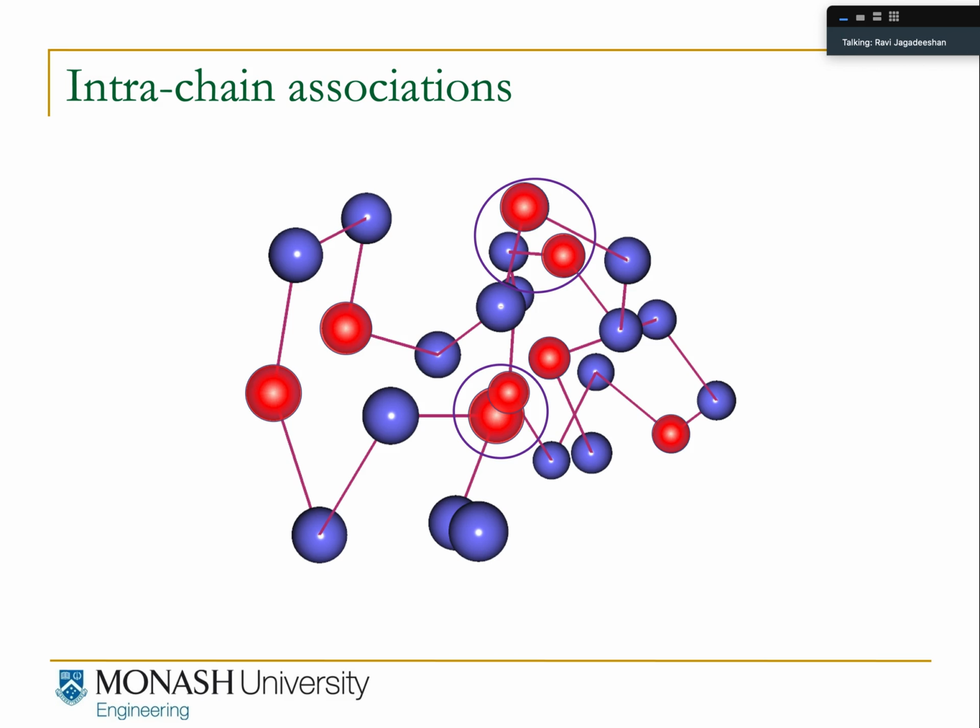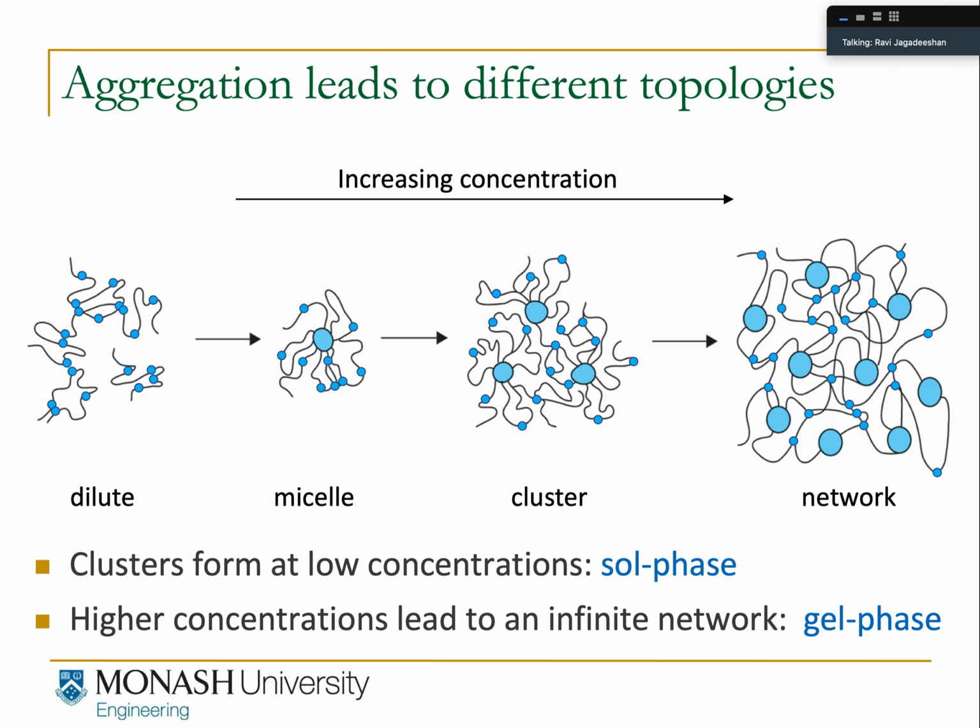And as you increase the concentration of the polymer, you have more and more interchain associations forming, becoming micelles and clusters until you can have a system spanning network. So this point, when you have a network across the entire system, is denoted as the sol-gel transition, because you then have a gel phase.